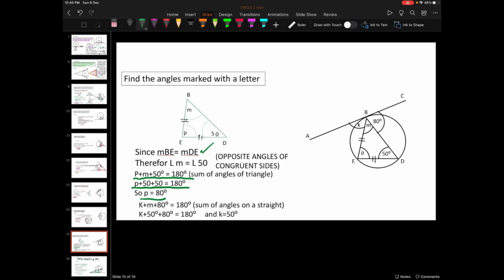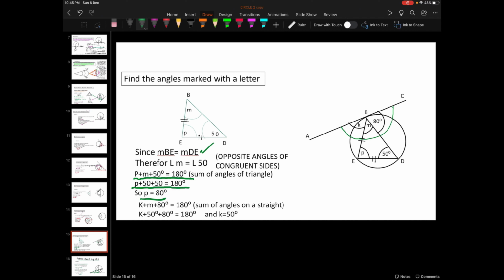Now next to find the value of K, we take the sum of angles on a straight line. Then K plus M plus 80 degree is equal to 180 degree. What's the reason? Sum of angles on a straight line.